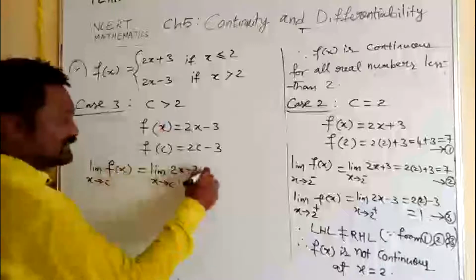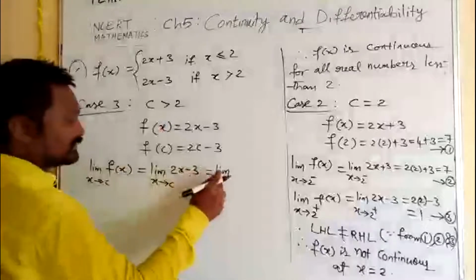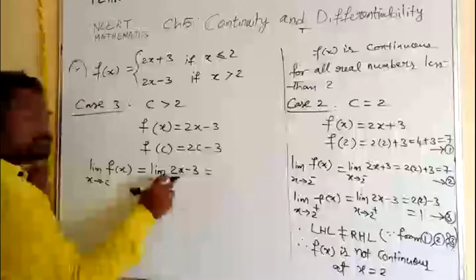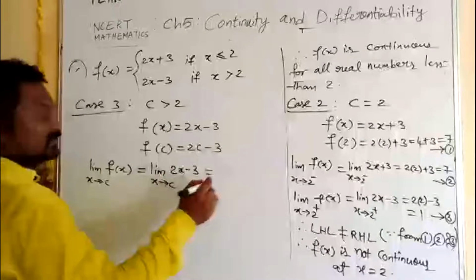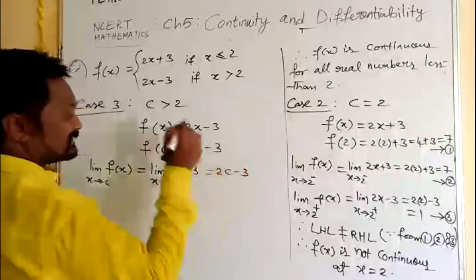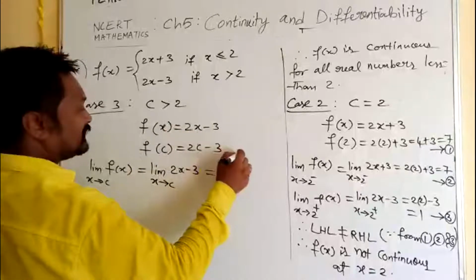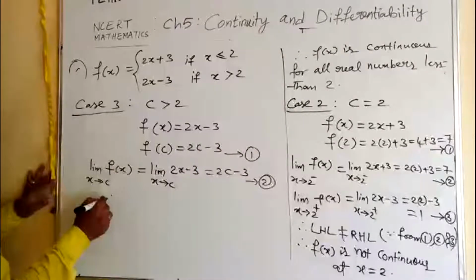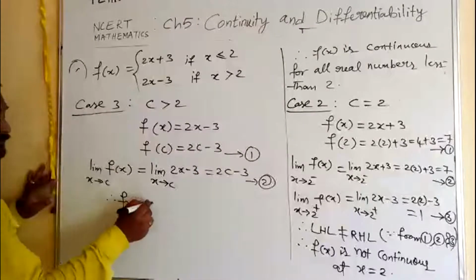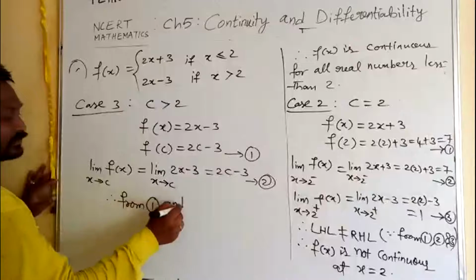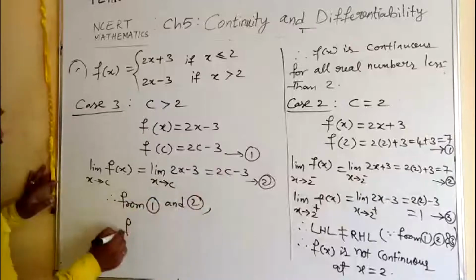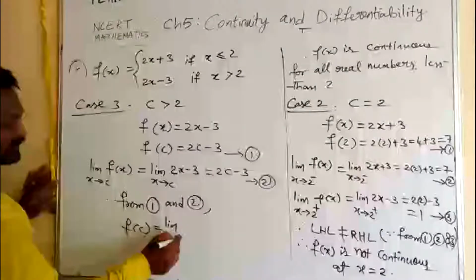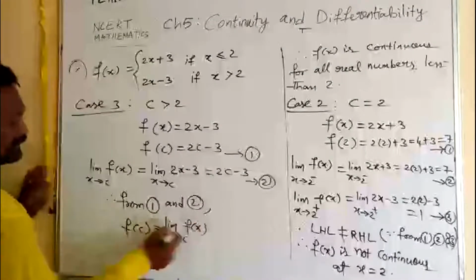So now limit x tends to c, 2x minus 3. When you remove the limit, what do we need to do? Substitute c wherever x is there. So now 2c minus 3. So that is equation number 1 and this is equation number 2. Therefore, from 1 and 2, we write f of c is equal to limit x tends to c f of x.